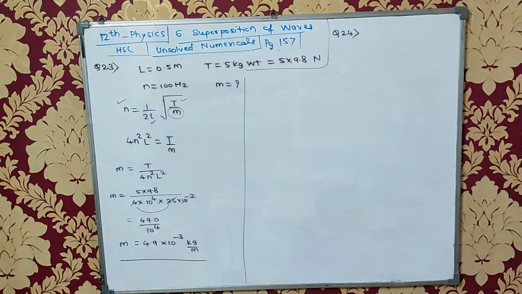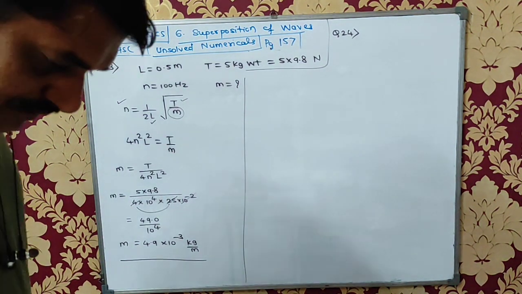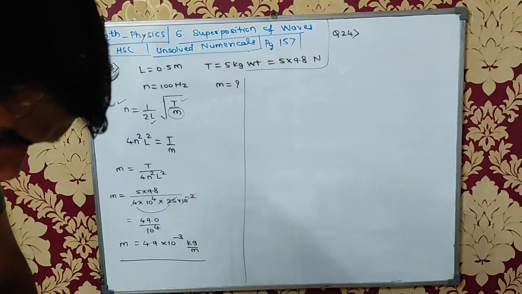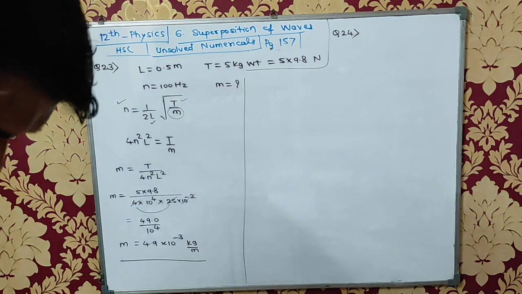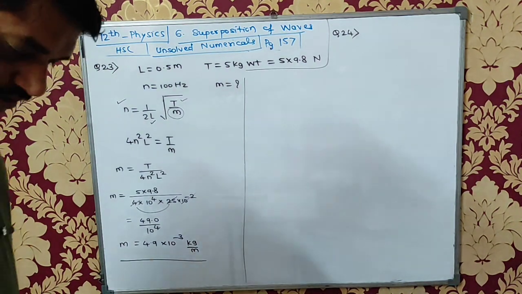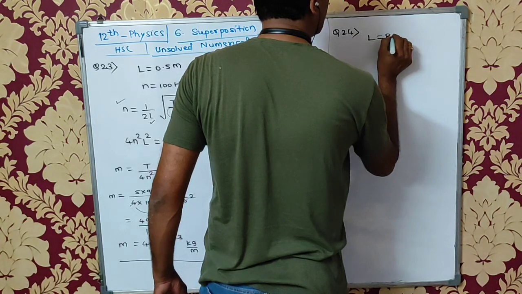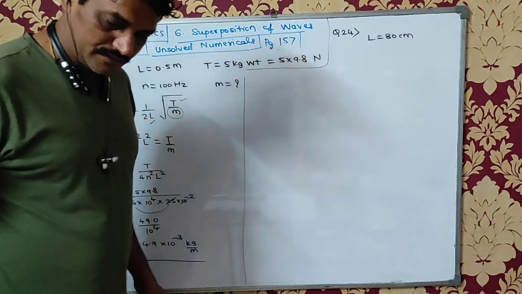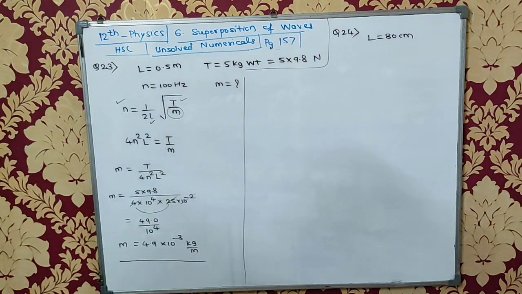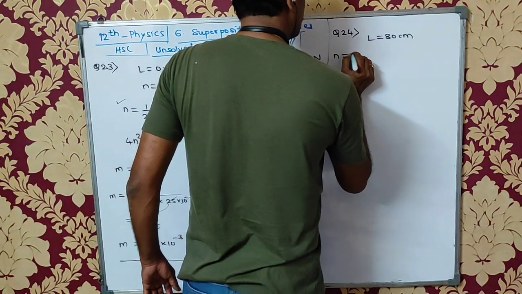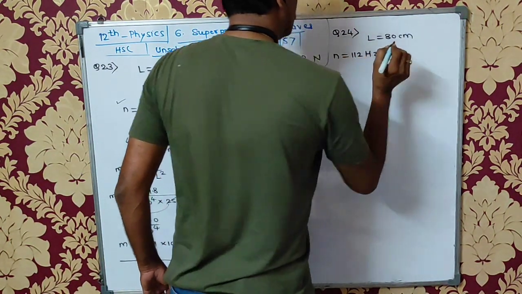Agla question. Question number 24. The string of guitar is 80 centimeter long. String matlab L is equal to 80 centimeter long. It has the fundamental frequency of 112 Hz.